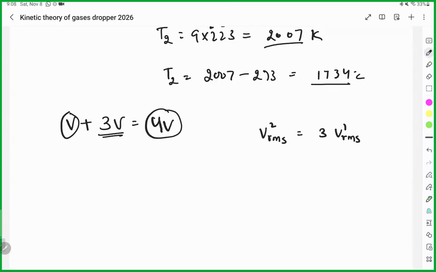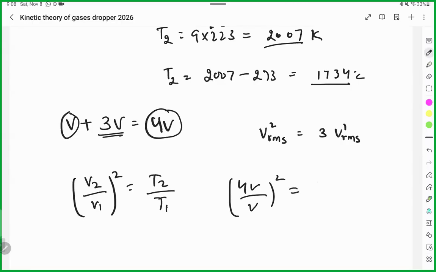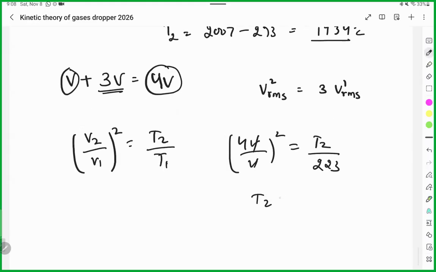Understood? Now everything will be the same. V2 by V1 whole square is T2 by T1. You have to simply put in the formula: 4V by V, T2 by 223. V cancels. The T2 value will be 16 times 223. Tell me, is this the answer?